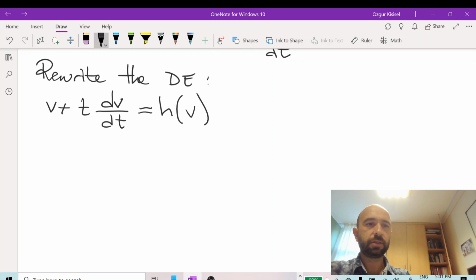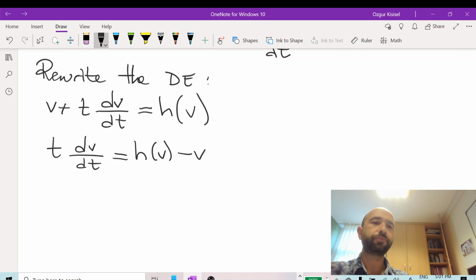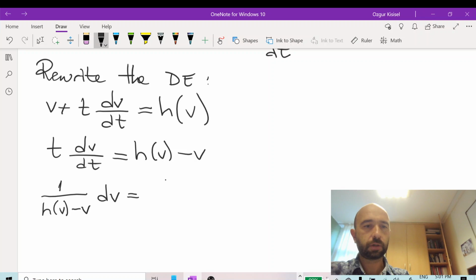You can take this v on the right side, h(v) minus v. Then you could divide by h(v) minus v here and divide by t there. So you have the following equality. Okay, I mean, the equation is separable now.